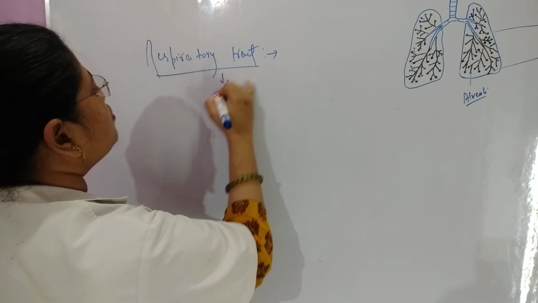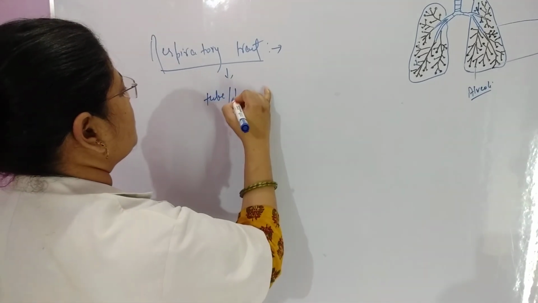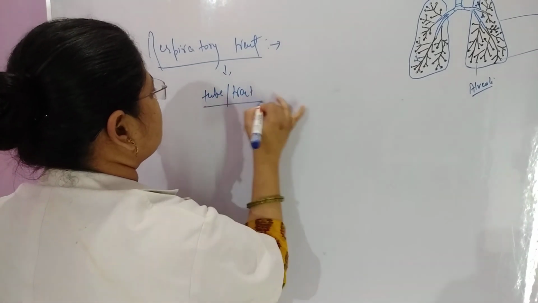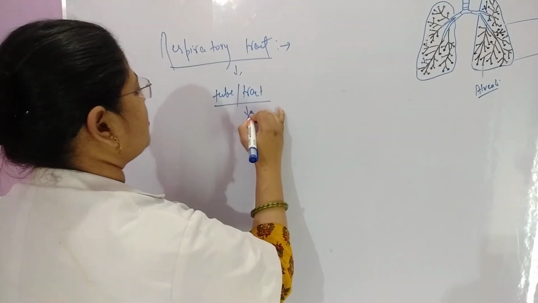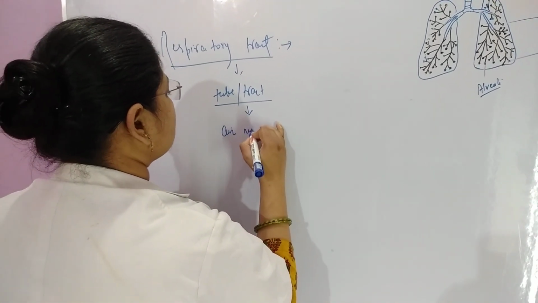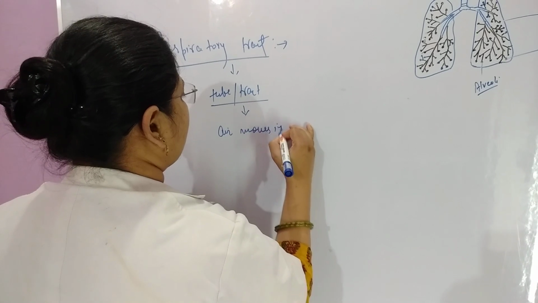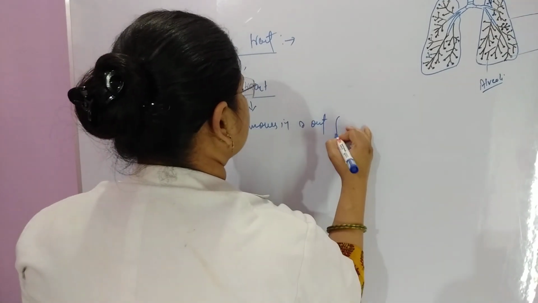This is a tube or tract through which air moves in and out from lungs.